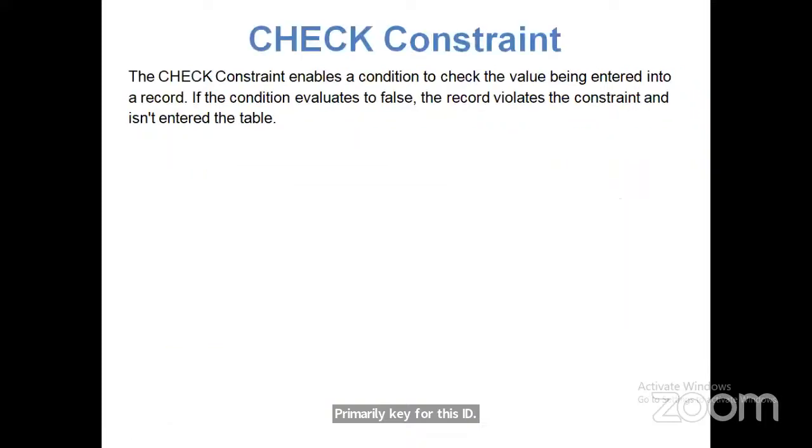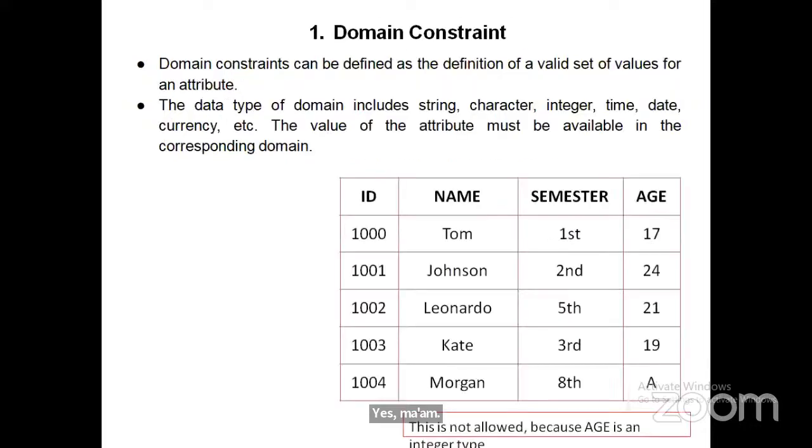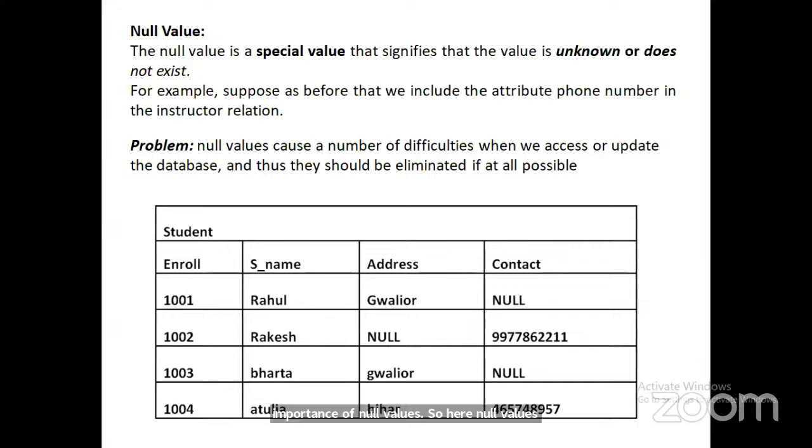Next, importance of null values. Null values are special values that signify the value is unknown or does not exist. For example, we have an attribute of phone number in the instructor relationship. The problem of null values causes a number of difficulties when we access or update the database. Thus, they should be eliminated if possible. If you observe here, example: student, roll number, student name, address, contact.